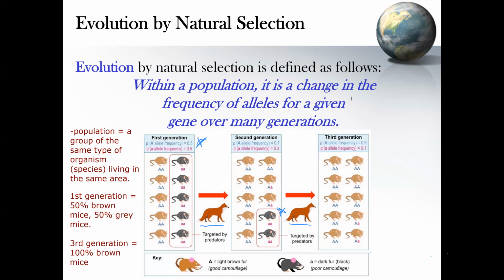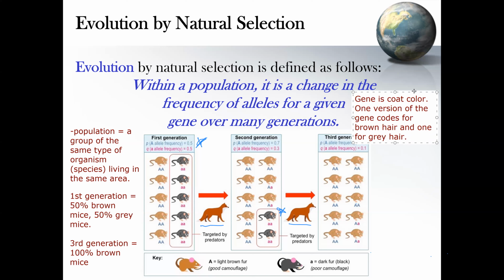And there are two versions of that gene, one for brown and one for gray. So the gene is coat color. One version of the gene codes for brown hair and one for gray hair.